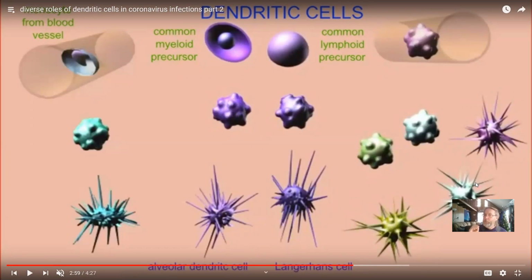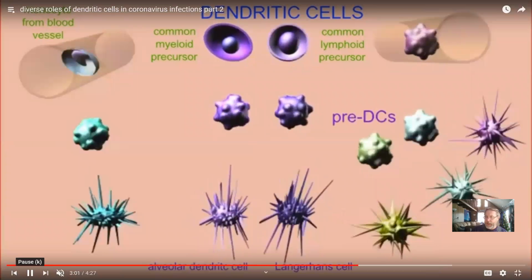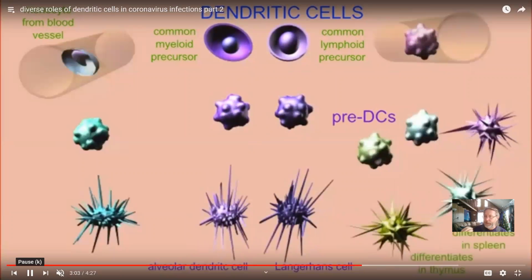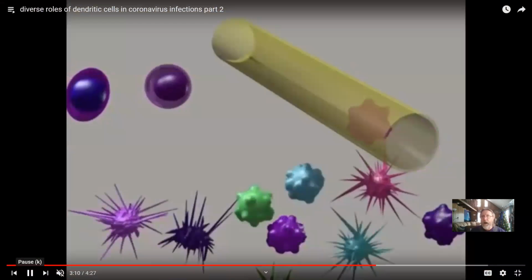coronavirus is move. Instead of waiting at the infection site for lymphocytes to come to them, they can go to a lymphatic vessel, and then go to places where lymphocytes mature. So they can help to educate the immune system about the presence of coronavirus by going from, say, the lungs where the infection is to, say, a lymph node.